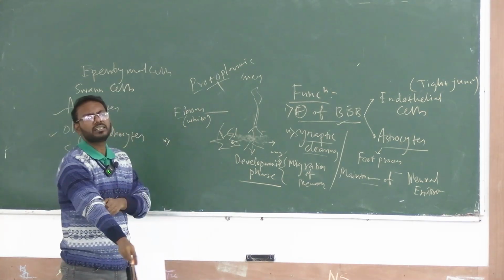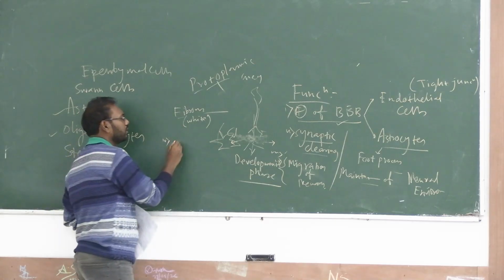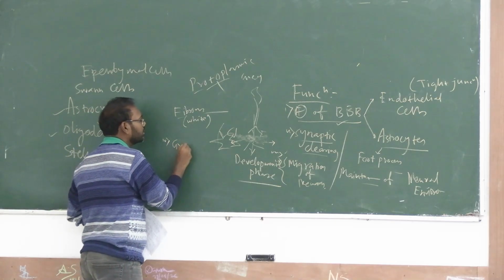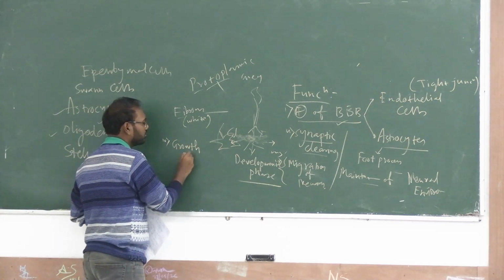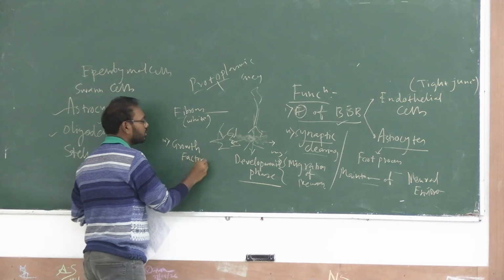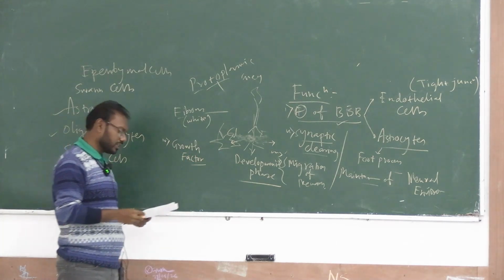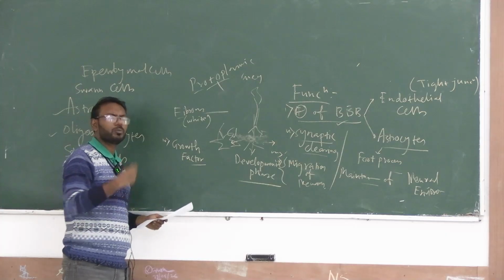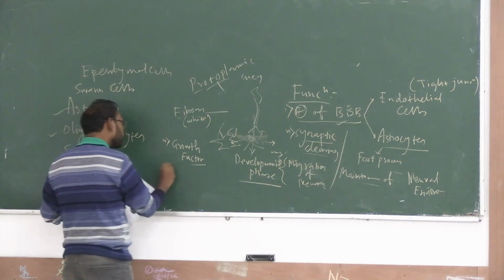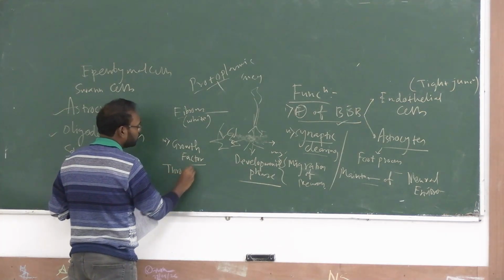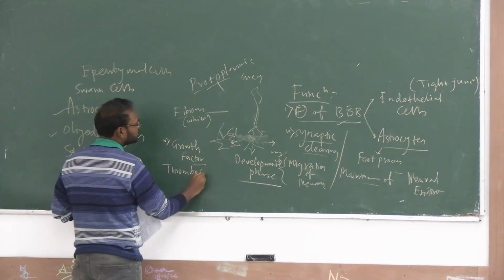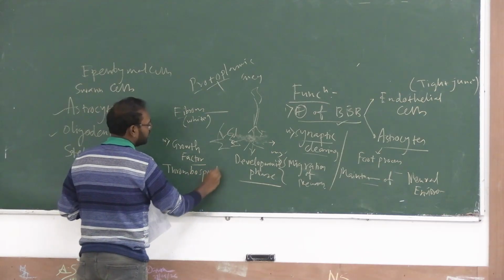Next, fourth function is your development. Development means it actually helps to release some growth factor, okay, so this growth factor is called thrombospondin. Lekho thrombospondin, THROMBOSPONDIN.